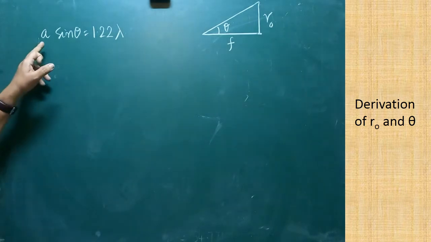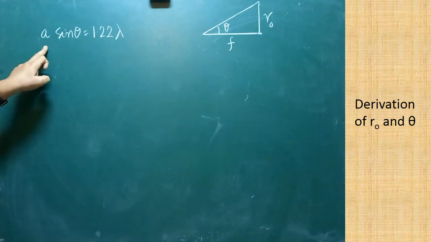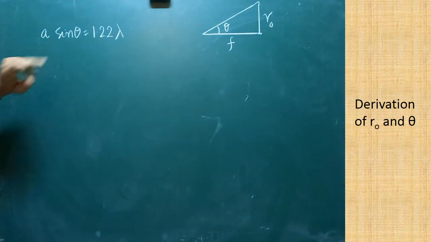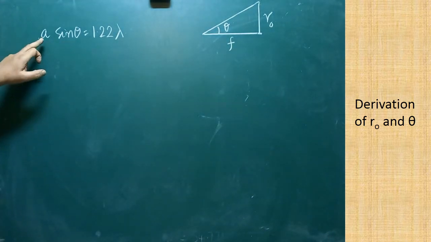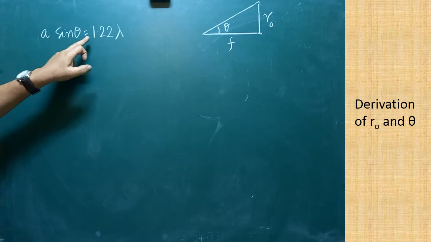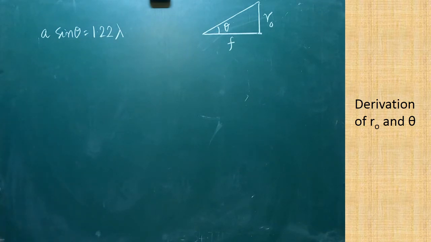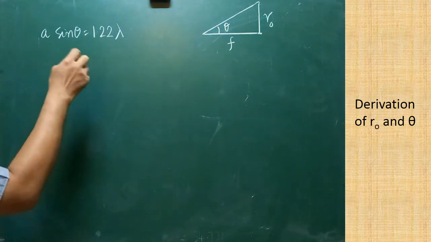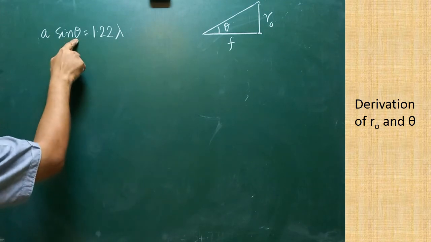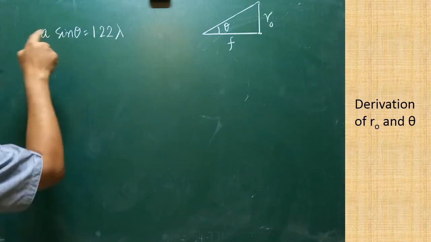Here we know the condition for obtaining the central maxima in the diffraction pattern created by the circular aperture. The condition for obtaining central maxima or first minimum is A sin theta is equal to 1.22 lambda. Here the angle value is too small, therefore we can eliminate sin.